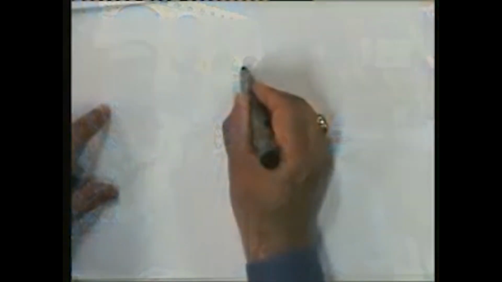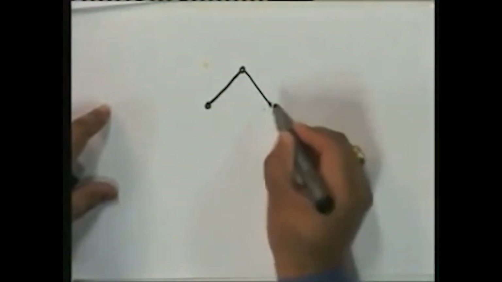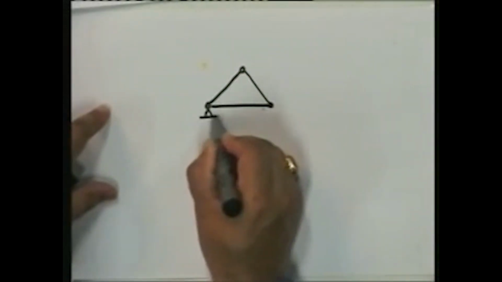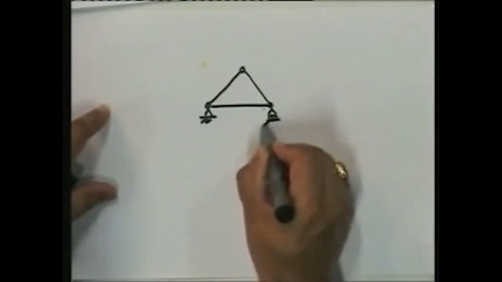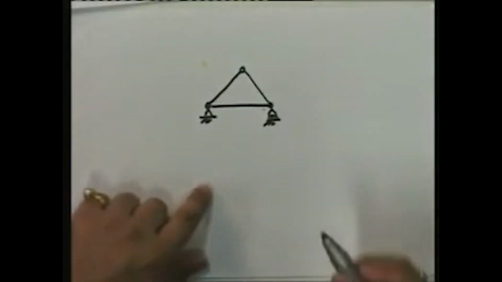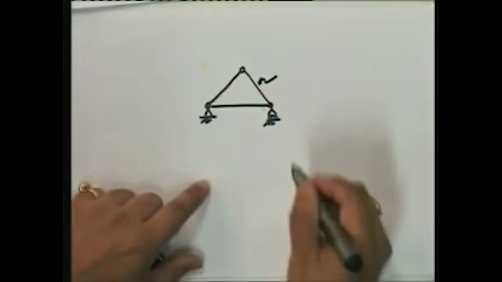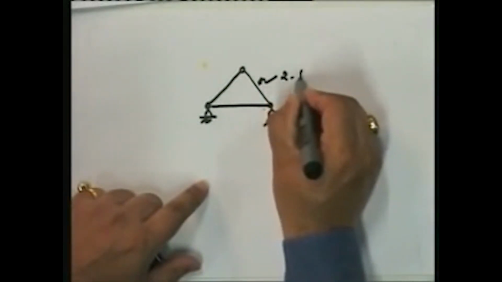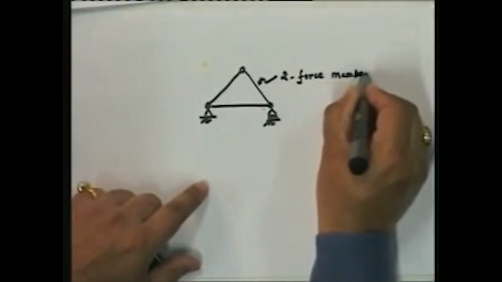Remember that in a planar structure, for example, let's take a simple truss. What is a truss? A truss is essentially a structure which is made up of members where each member is what is known as a two-force member.